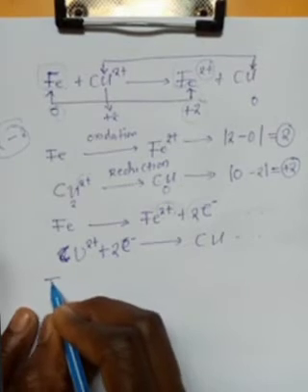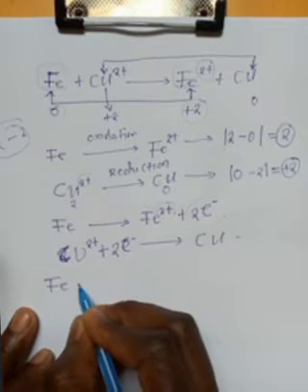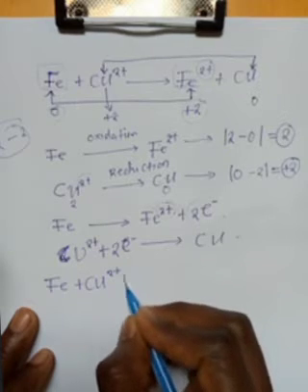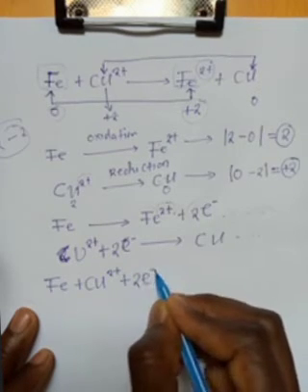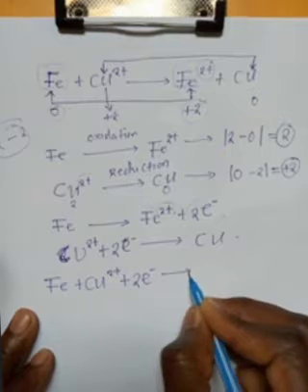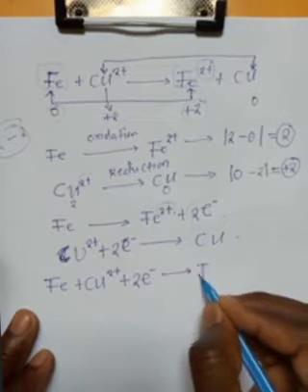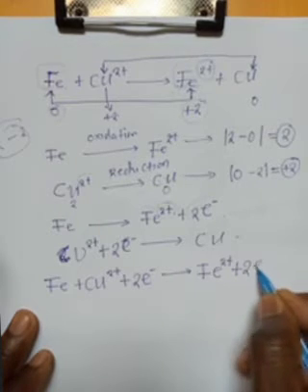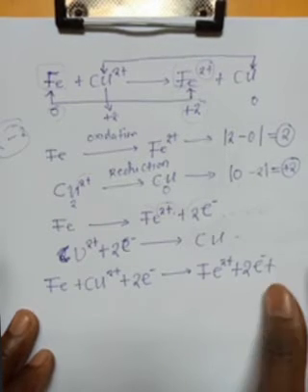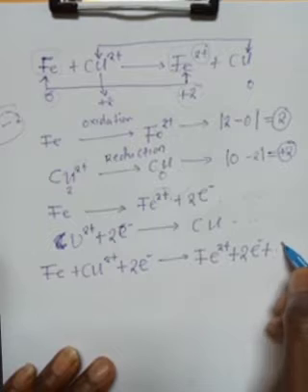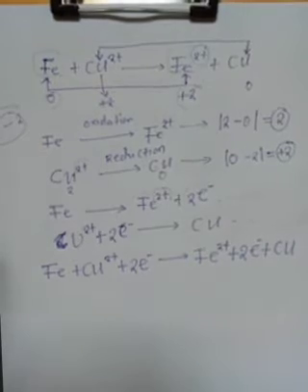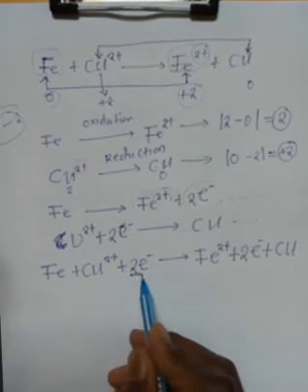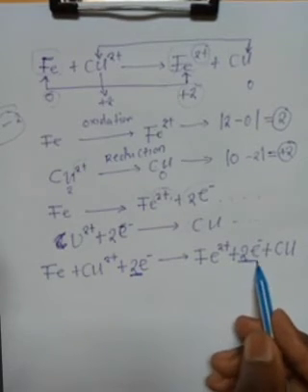So you're going to have Fe plus Cu 2 plus, plus 2 electrons, equal to Fe 2 plus, 2 electrons, plus Cu. If you check clearly, we have 2 electrons here and also 2 electrons on that given part.